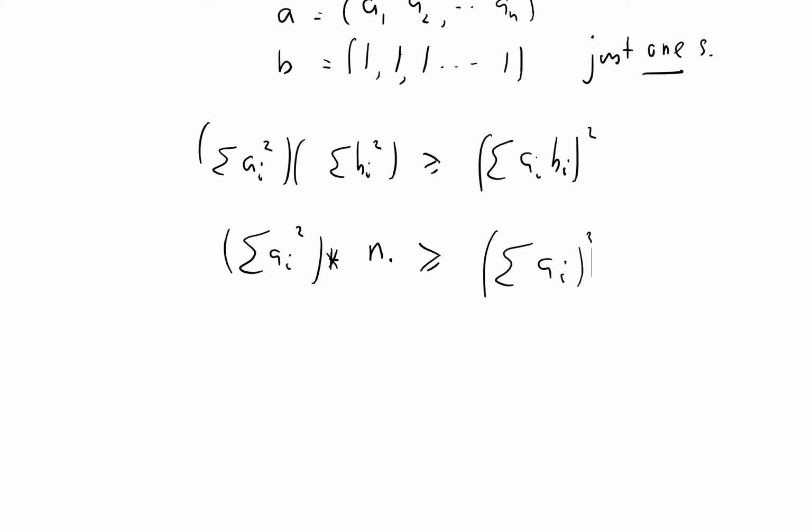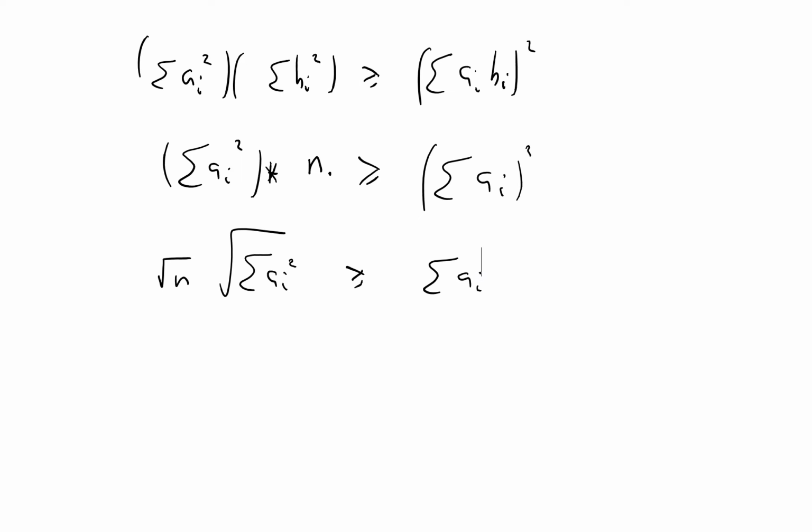It's quite useful. I'm going to muck around with this a little tiny bit, just mess around with this as an inequality. I'm going to take the square root of both sides. I'm going to say root n times the square root of sigma ai squared is greater than or equal to sigma ai, just assuming everything's positive.